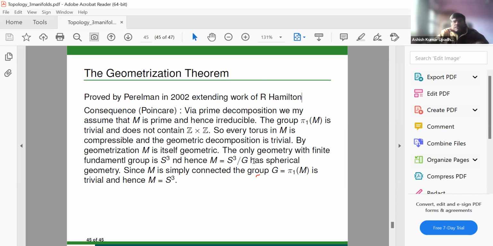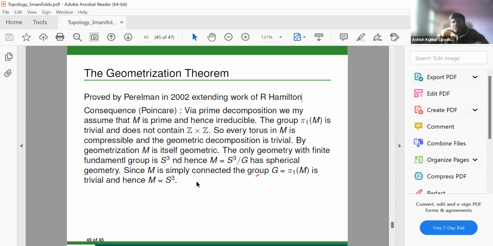Correct? So M must have a spherical geometry. Now, since M is simply connected, the group G is the same as the fundamental group, so it is trivial. And therefore, when G is trivial, M must be equal to S3. This is how the Poincaré theorem comes as a consequence of geometrization.